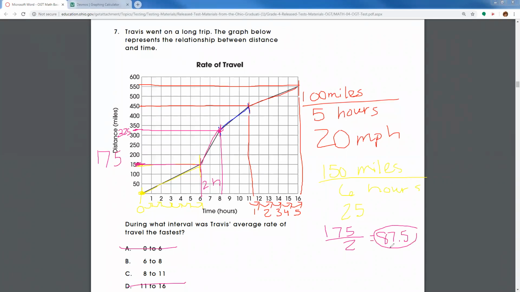So does that sound fast? 87.5? Yeah, that sounds really fast. So on the graph, it didn't matter whether it was the top piece or the bottom piece. It mattered which one was the steepest. So on a graph, fast is steep lines. This line got tall fast. This piece just went up really quickly, whereas this piece kind of went up slowly.